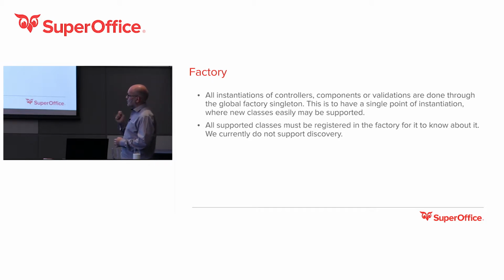So we have this global factory that makes it easy to create the instances, and it makes it fairly easy to add new types, new classes, and replace, if you want to make some component better than ours, you can exchange it. We don't have discovery, so you have to register your class into the factory in order for the factory to know about it.